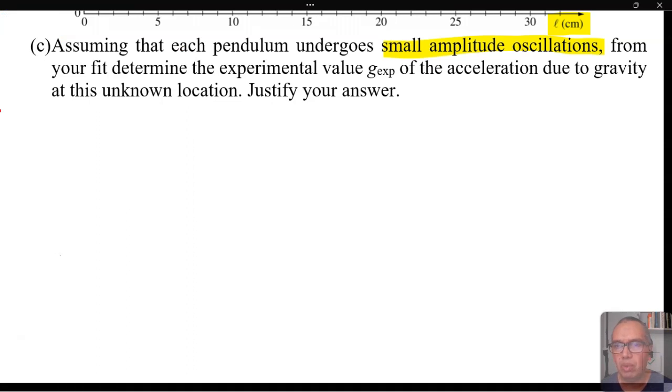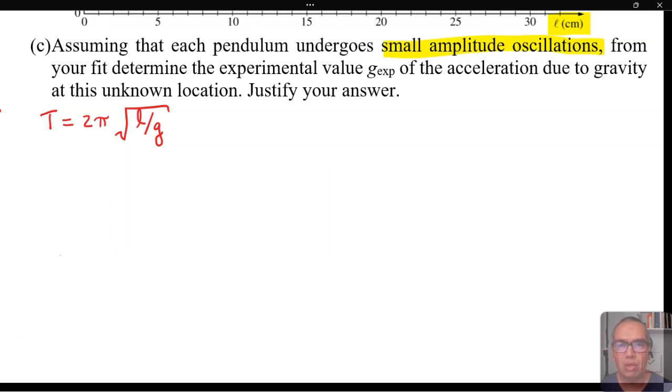Remember the formula that we discussed before. The period of a pendulum is equal to 2 times pi times the square root of the length of the string divided by g. Now, if you remember, the whole idea was that the motion of the pendulum is described by a differential equation.